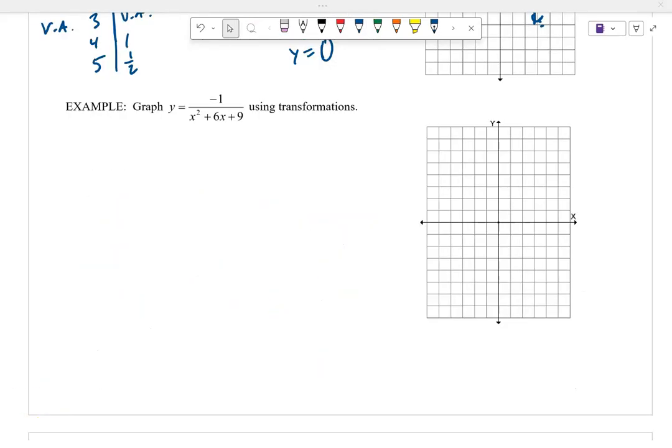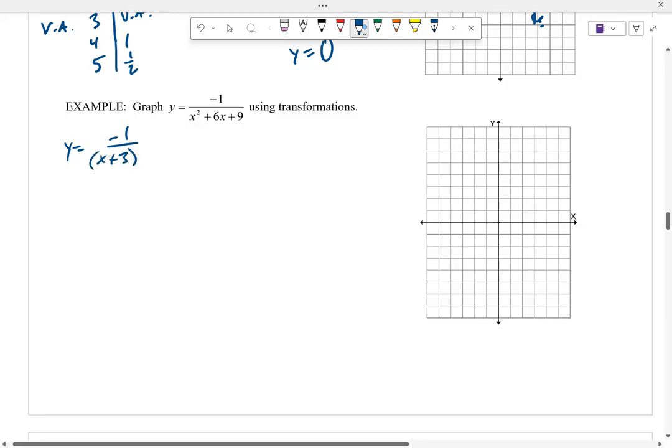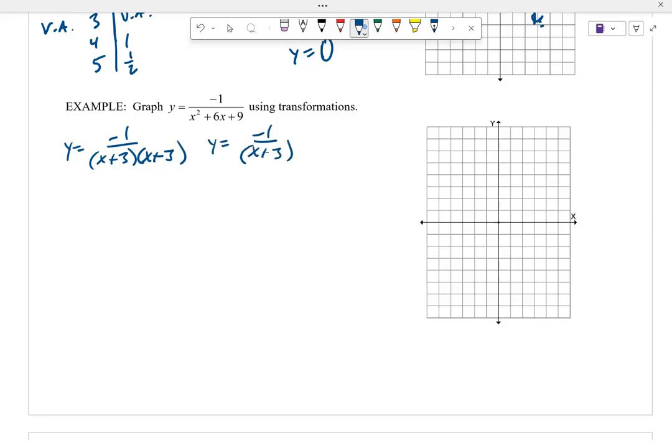We've got negative 1 over x squared plus 6x plus 9. I would go ahead and factor this first. Notice this will factor into x plus 3 times another x plus 3. So I'd think that's a lot like the 1 over x squared graph.